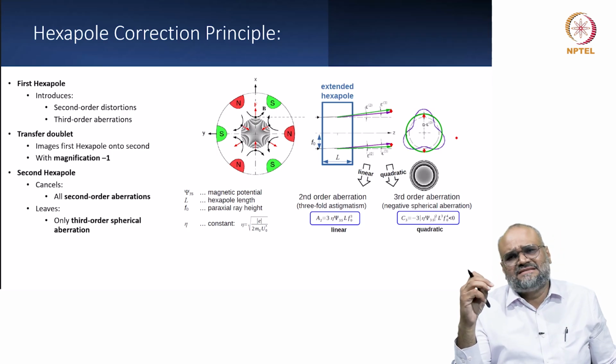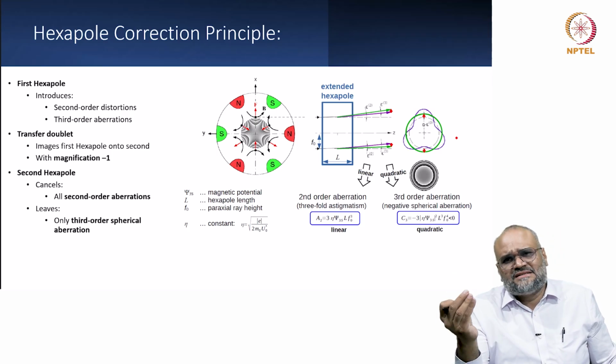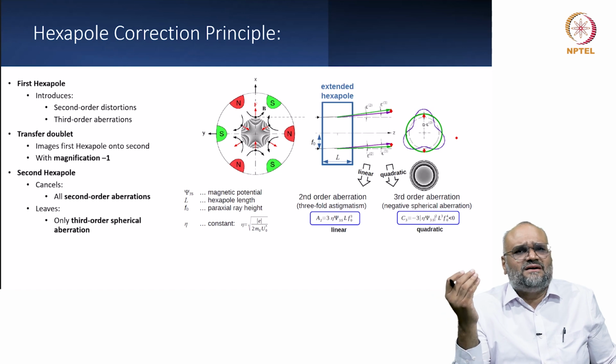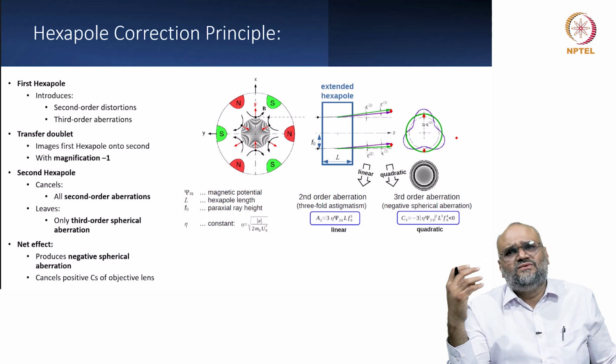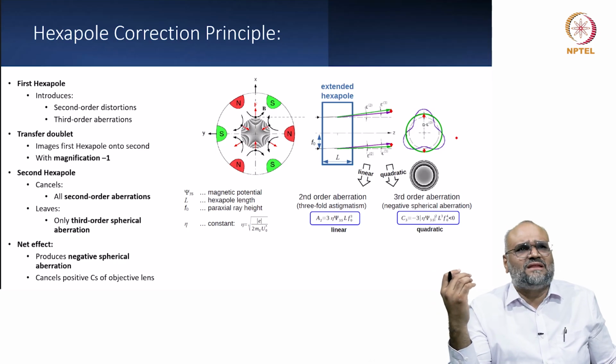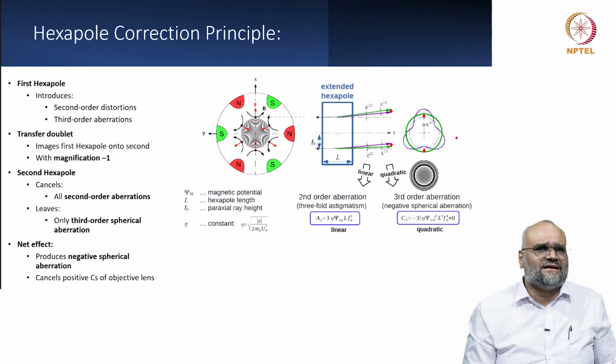This negative CS now cancels out the positive CS of the round electromagnetic lens, and this is how you correct for the spherical aberration with a hexapole kind of a corrector.